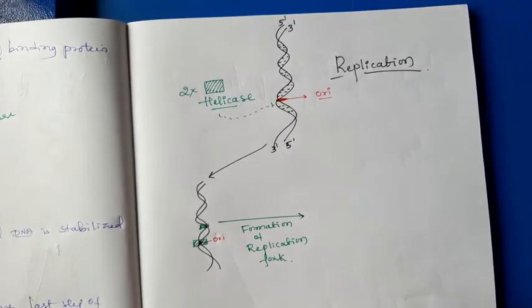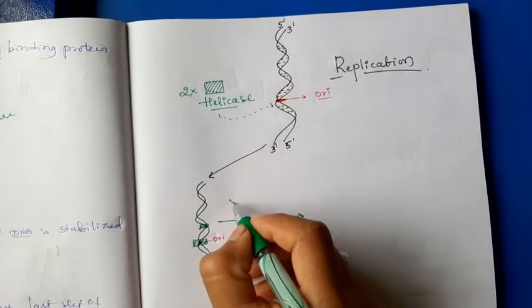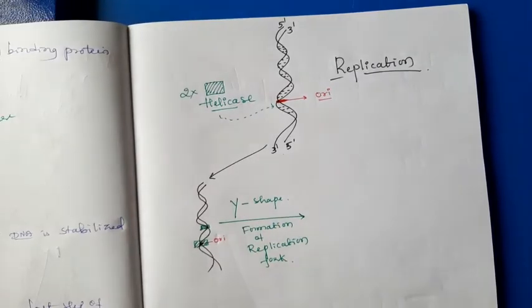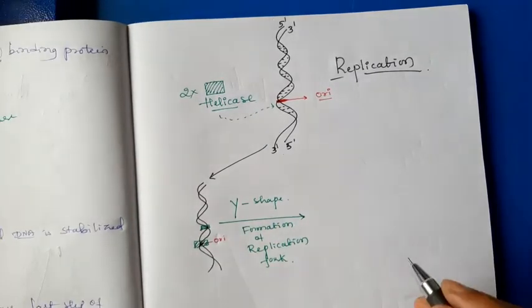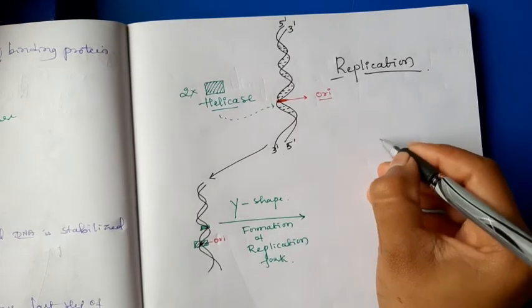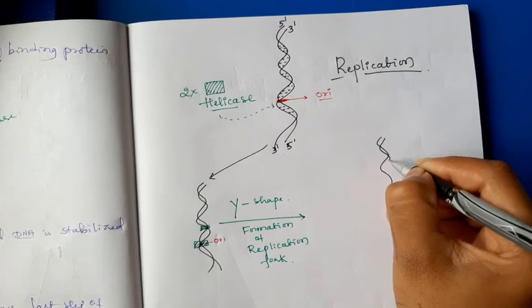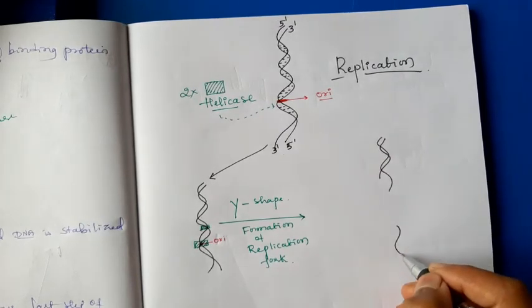The replication fork is a Y-shaped structure, formed by destroying the hydrogen bonds between the nitrogen base pairs.